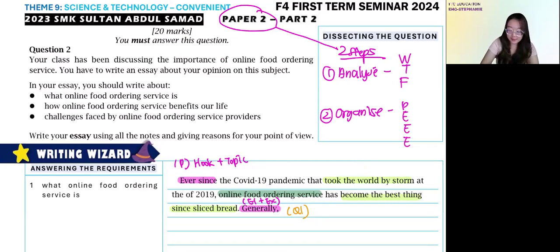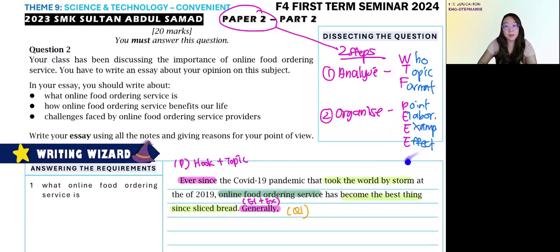Again, the full form: who, topic, format. Then we have our point, elaboration, example, and effect. Effect is usually summary, and for all the further details about the PEE, later when we are trying to write, I will bring you through more.